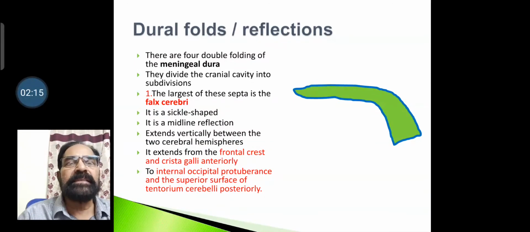It extends between two cerebral hemispheres vertically. It extends from the frontal crest and crista galli anteriorly to the internal occipital protuberance and superior surface of tentorium cerebelli posteriorly.